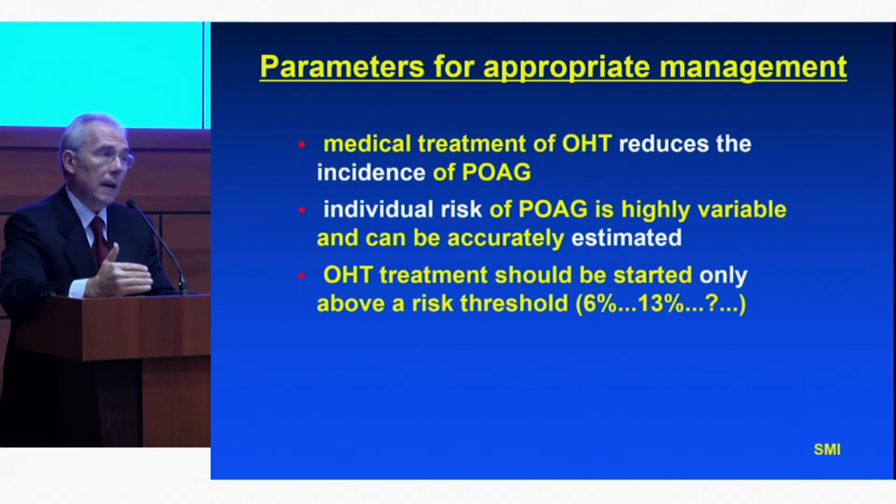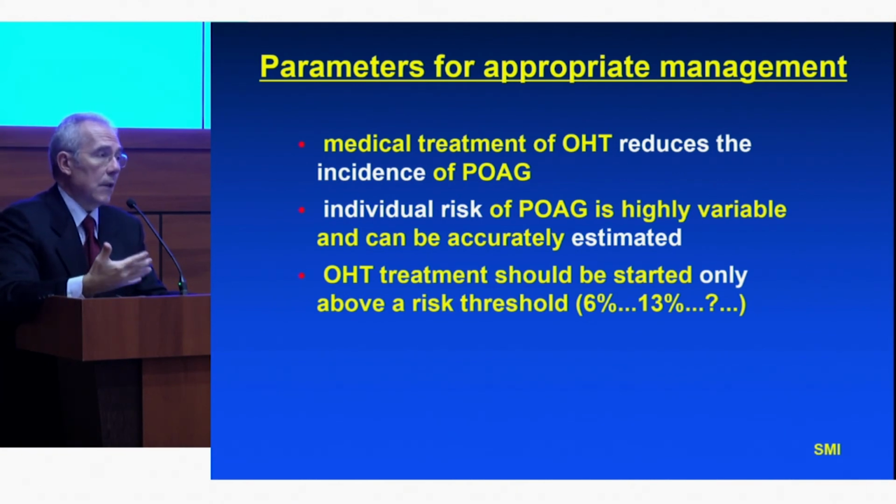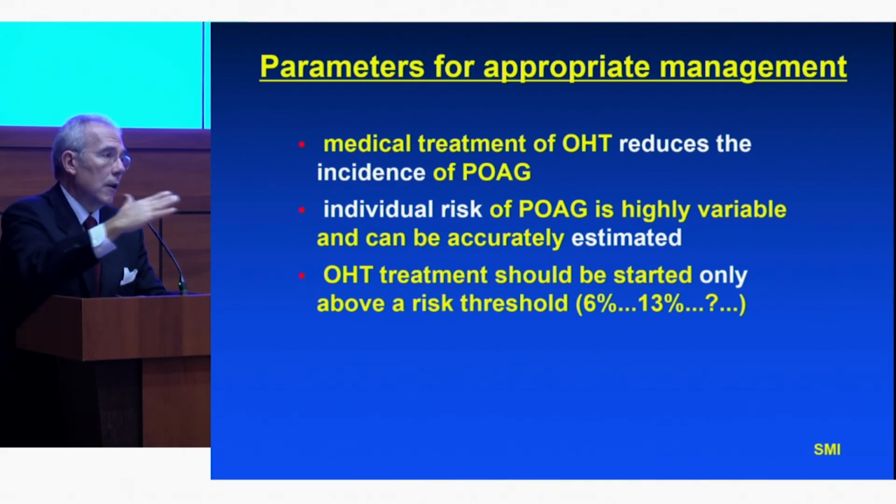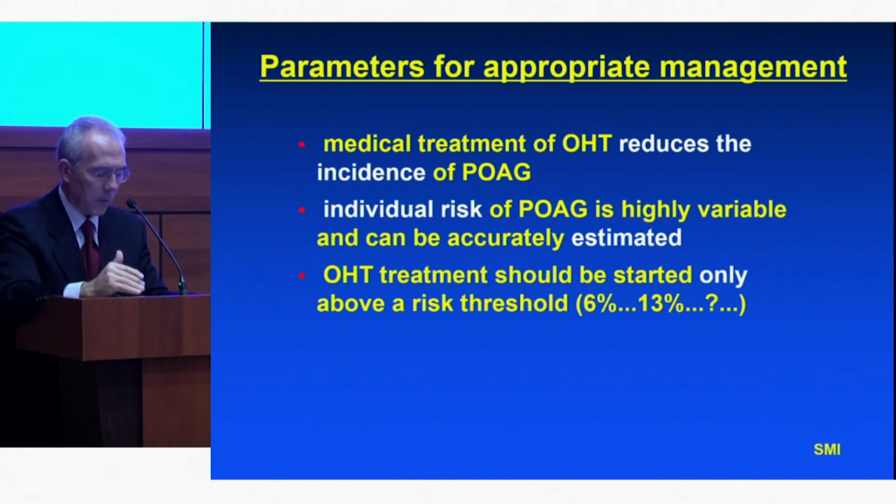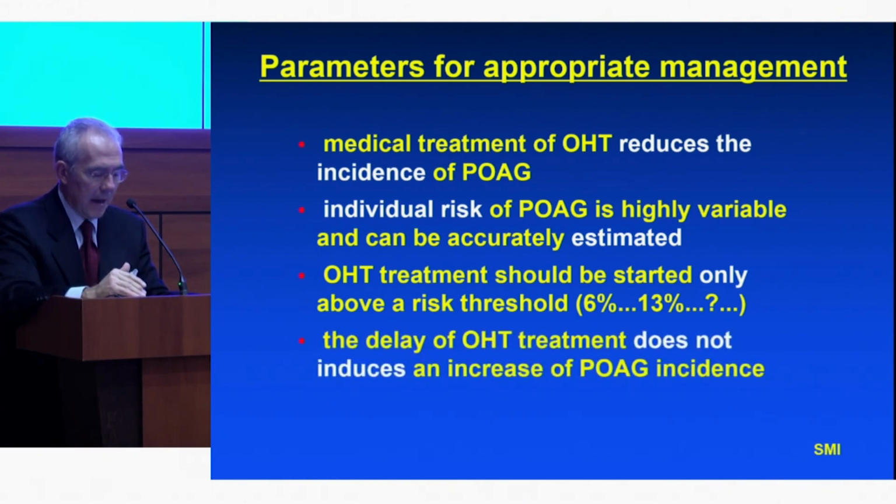There is not a common way to decide, but we have to think about the fact that those with the lower risk may probably deserve to be just monitored over time and not treated from the very beginning. And last but not least, remember that the delay of treatment of ocular hypertension does not induce an increase of glaucoma incidence over time.